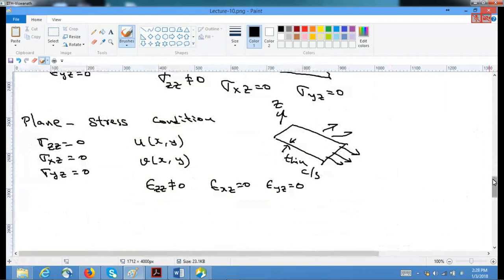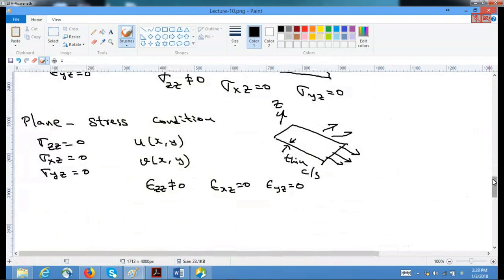Okay, so let me convince you through a 2D example. If I take a 2D stress state and I want to motivate you to think about the principal stresses. So what are these principal stresses?